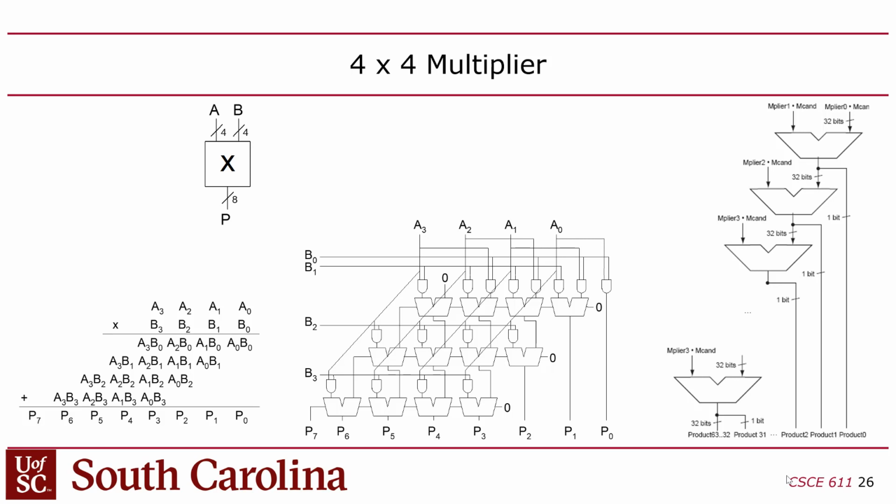Then I've got A, bits 3 down to 0, as my multiplicand, and B is my multiplier. So what I'm doing is ANDing each bit of the multiplicand with a bit in the multiplier.